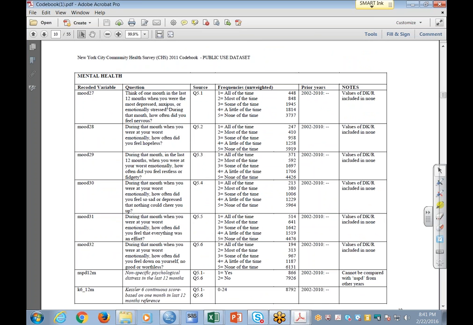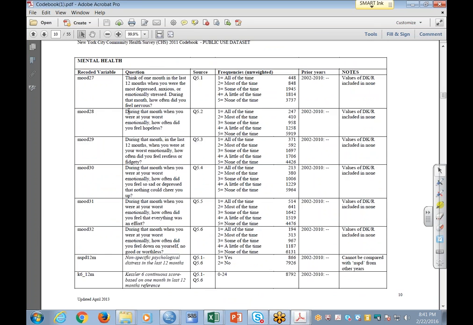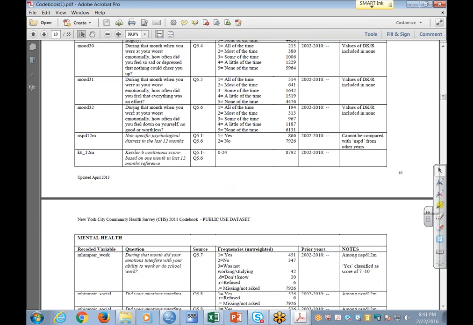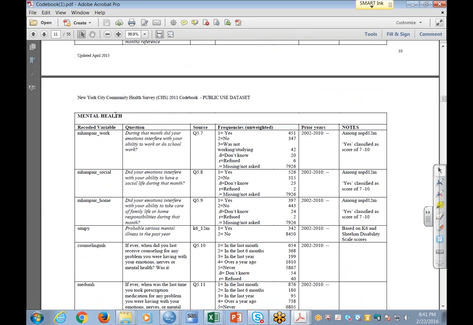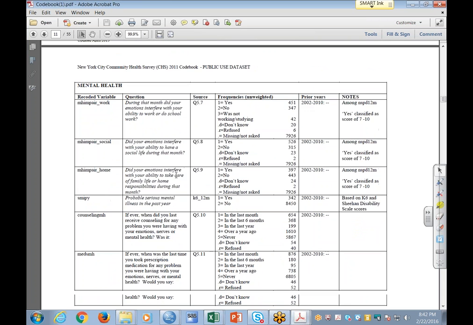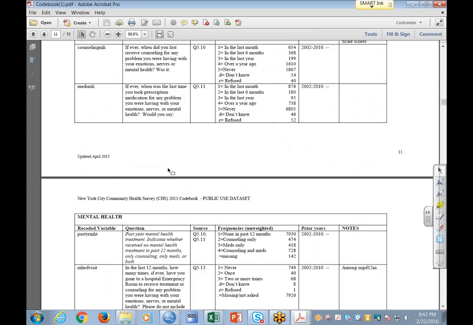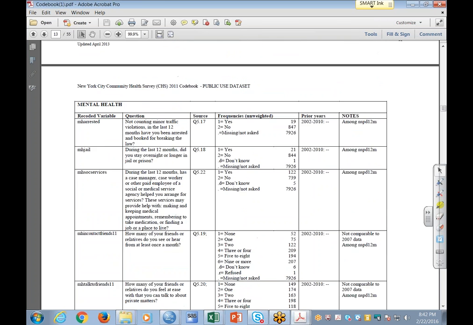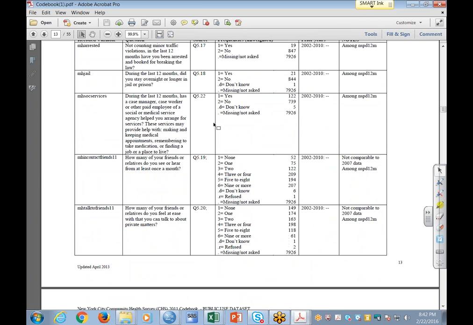Think of 1 month in the last 12 months when you were most depressed, anxious, and so on and so forth. During that month, and it'll ask for various responses that will give clues to a person's mental health status. And this data is all represented in the SPSS data file.